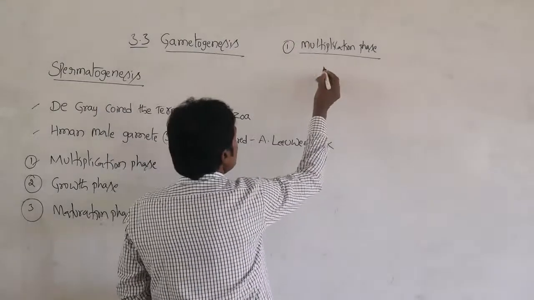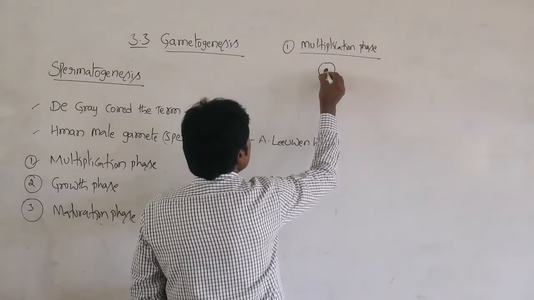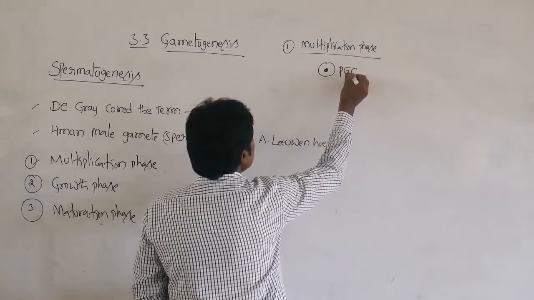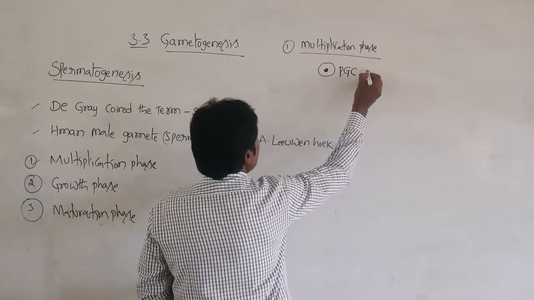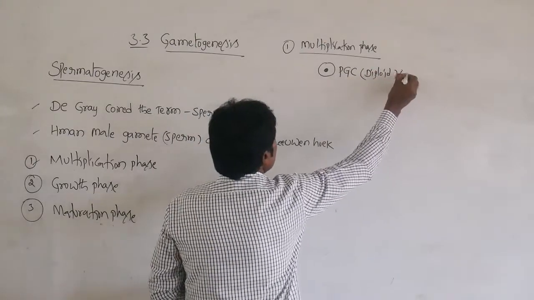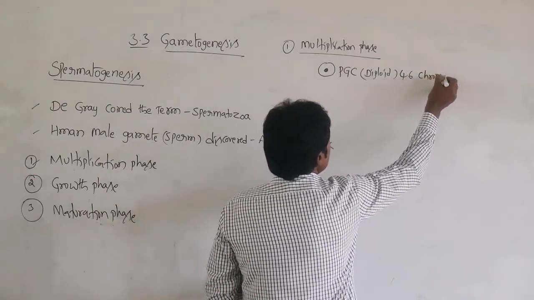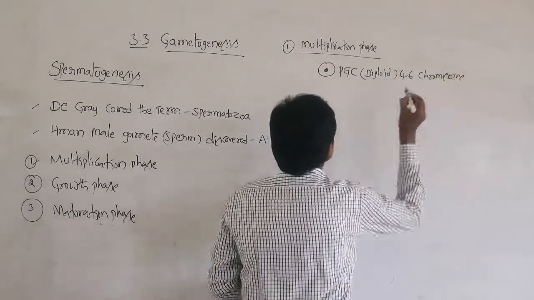Here in the multiplication phase, these are the primordial germ cells, normally diploid, that means 46 chromosomes.